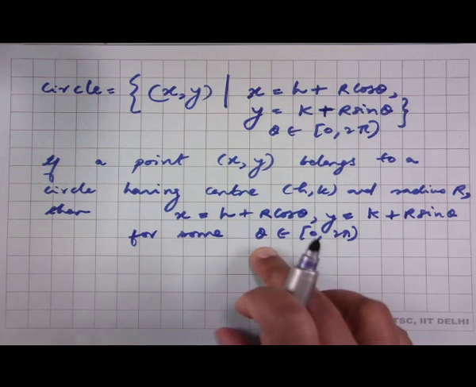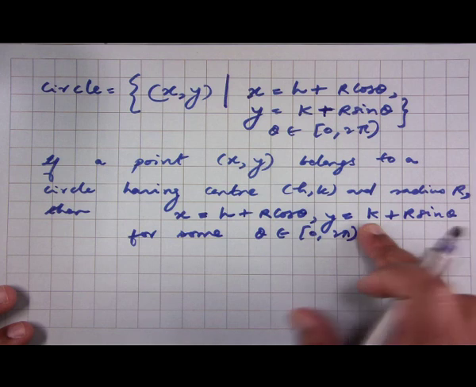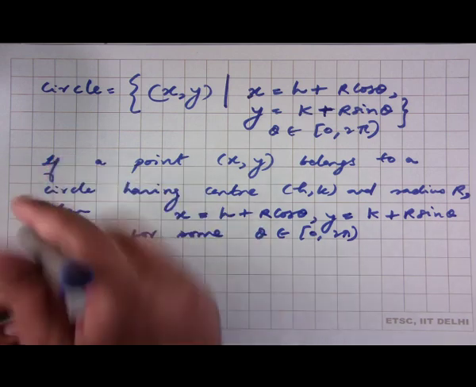So, there should exist some theta such that x is this and y is k plus r sin theta. So, this is one thing that we have said.